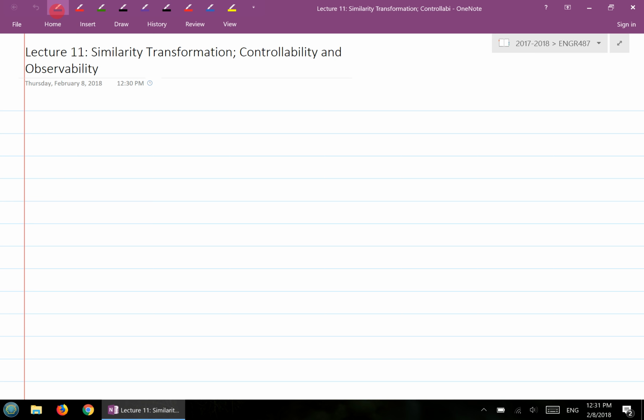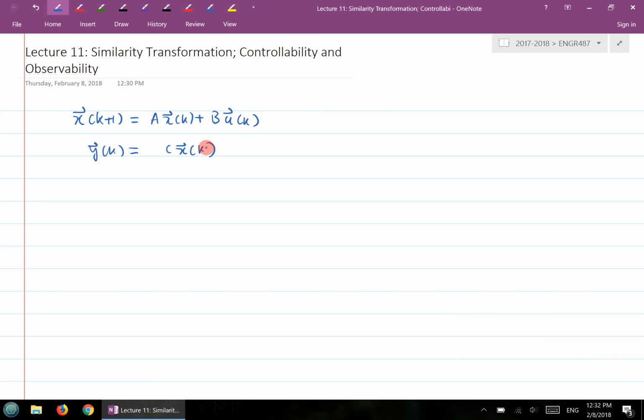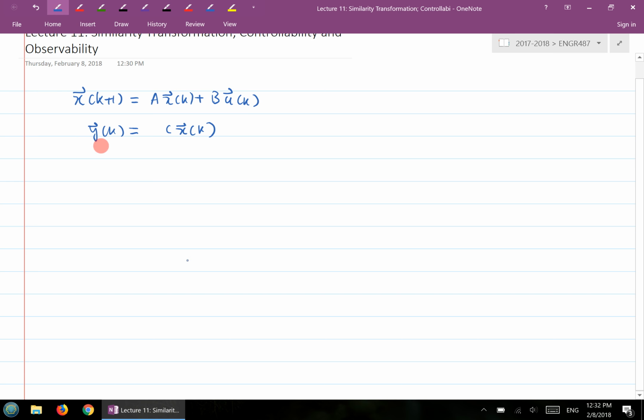If you recall, in the previous lecture, we looked at how to get a discretized state space equation. And we talked about the concept called the transition matrix, phi equal to A to the power of k.